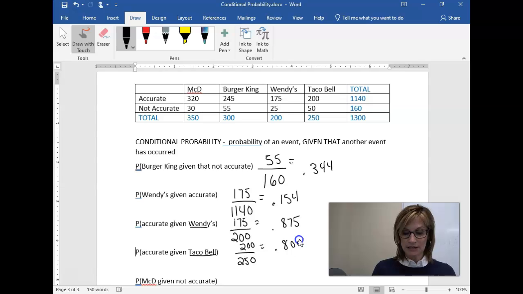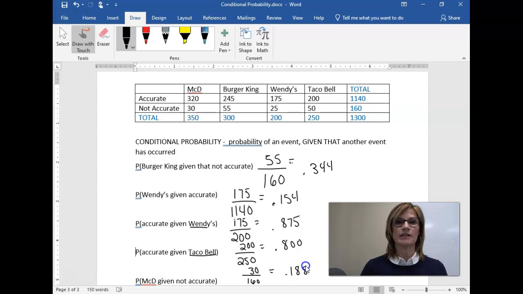So we're only interested in the 160 orders that are not accurate. Of those 160, 30 of them were from McDonald's, which gives us 0.188. Okay, so that is everything you ever wanted to know about conditional probability.